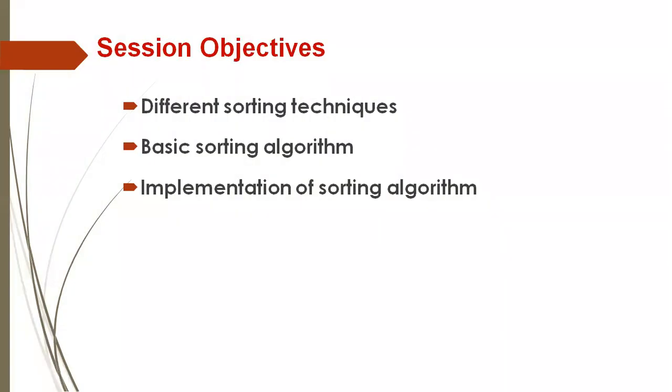In today's class, we'll discuss the different sorting techniques available for sorting an array, and as an example, we consider one basic sorting technique called bubble sort. In the last unit, we are going to study other sorting techniques such as selection sort, insertion sort, quick sort, merge sort, etc. But in today's class, I will explain only the basic sorting technique, bubble sort, and how it can be implemented using a C program.